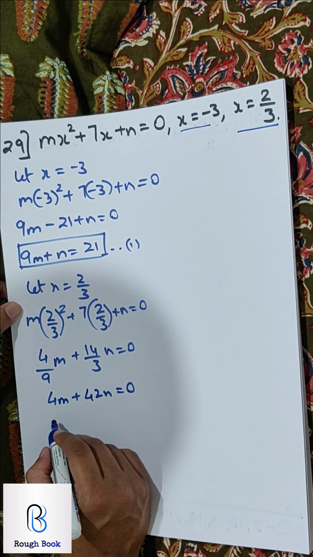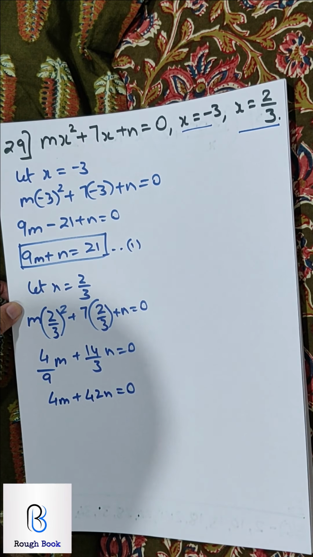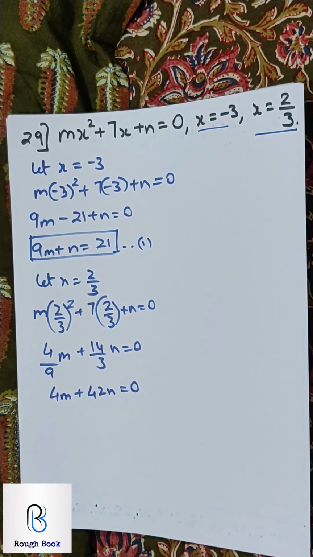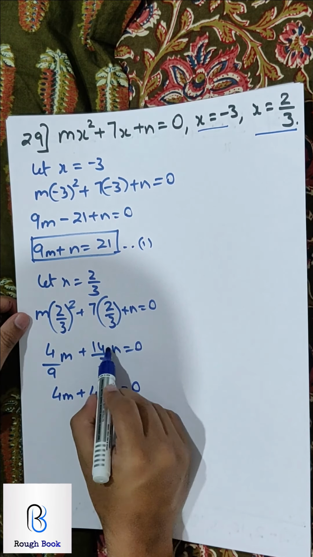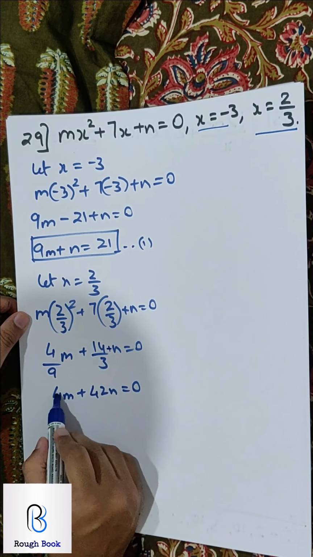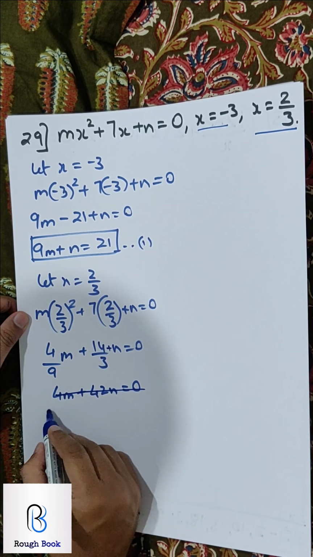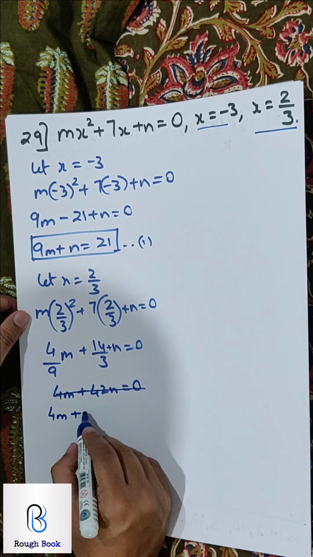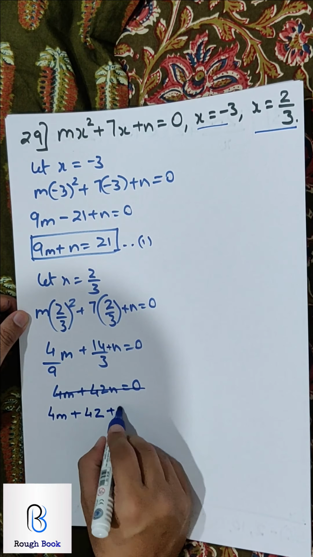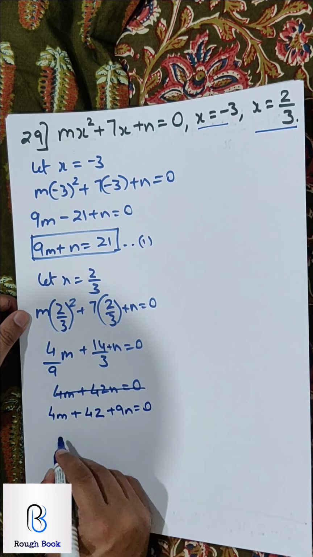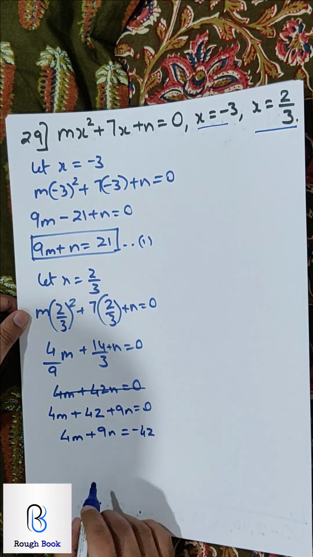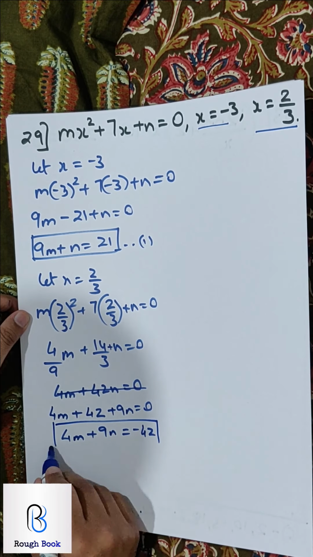I can divide this by 2 probably. Alright, one small error. This is going to be plus over here, which I messed up. So then what will I get? 4m plus 3 into 14, 42 plus 9n equals 0. So 4m plus 9n minus 42. That becomes my second equation.